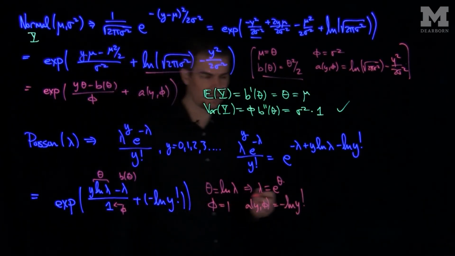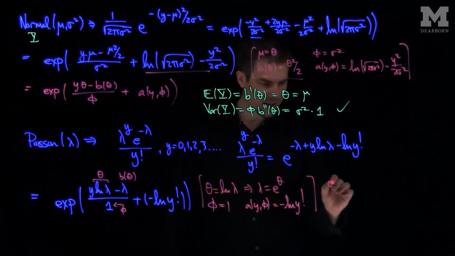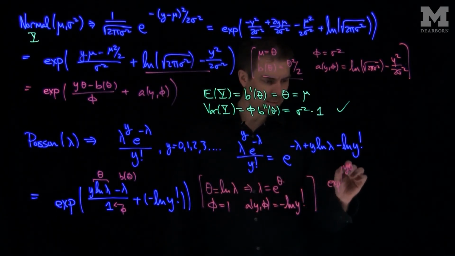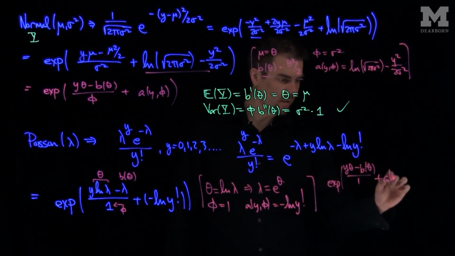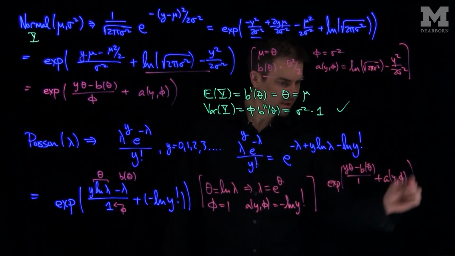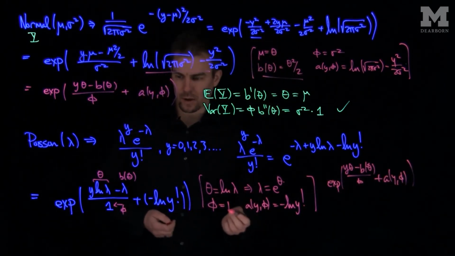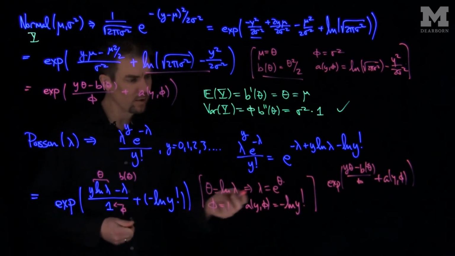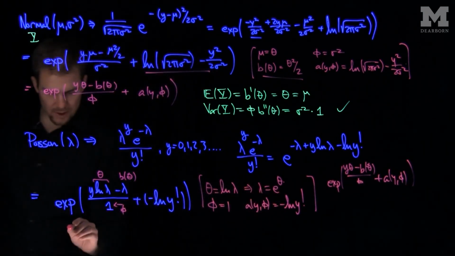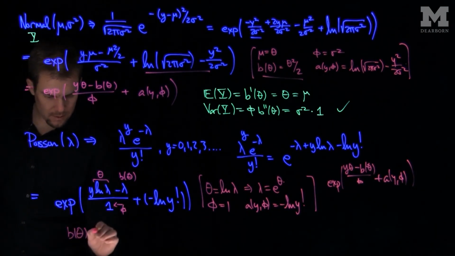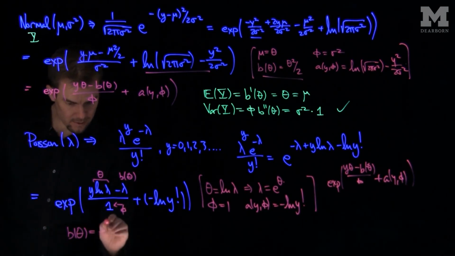And so if this is the case, then we have an expression in the form exponential of y times theta minus b of theta over 1 plus a of y phi. My phi is equal to 1. And let's check. So what will our b be? Our b of theta is lambda, and lambda is e to the theta. So b of theta is going to be e to the theta.